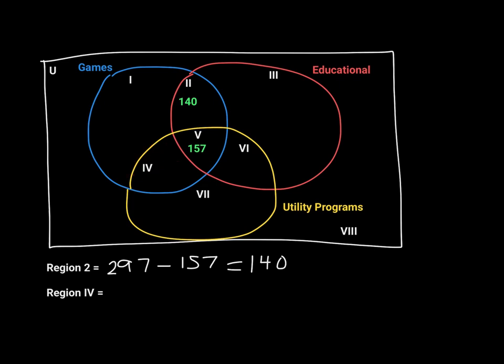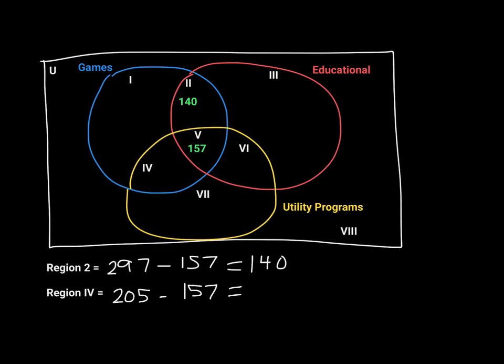So they tell us, this is given information, that the number of customers that bought games and utility programs, that's Regions 4 and 5, is 205. So I'm going to take 205. I'm going to subtract those that have already been counted from Region 5 and find this difference.